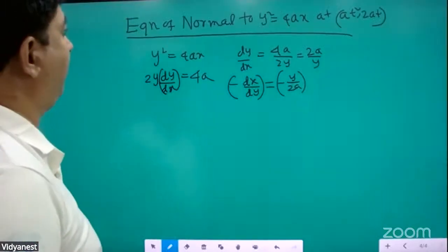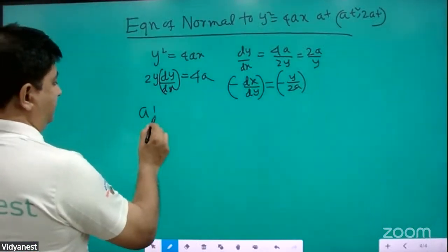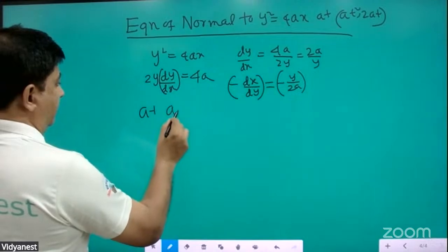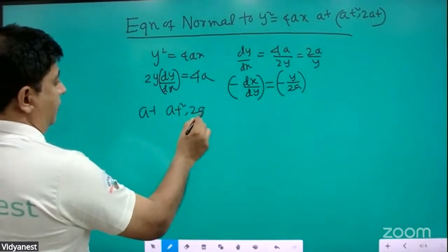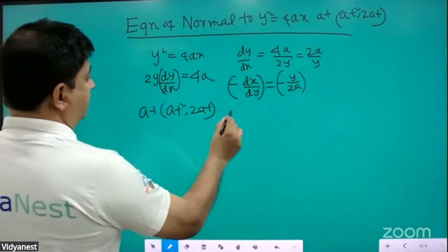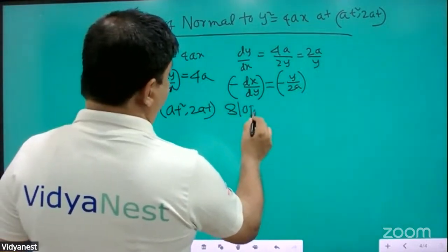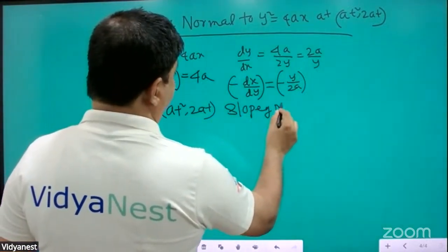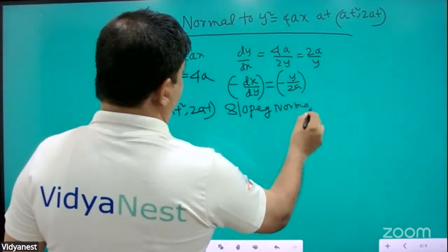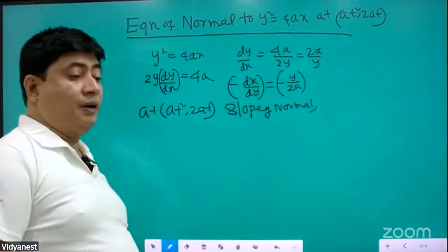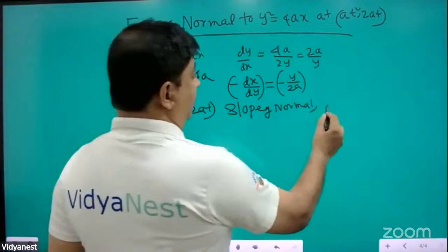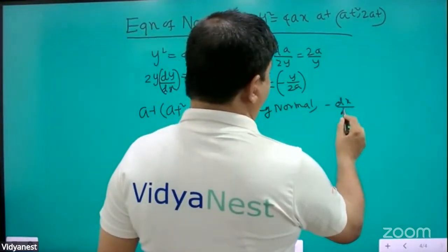Now at (at square, 2at), I can write the slope of normal is what? Minus dx/dy.